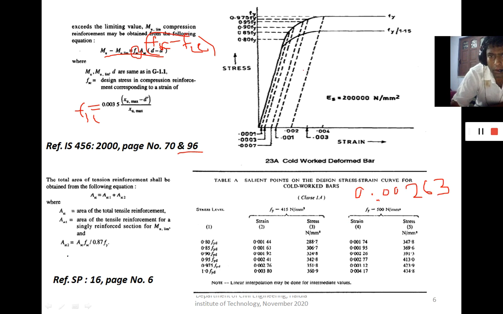You see that this is the stress-strain diagram of cold worked deformed bar. In SP16 this table is prepared for different strain levels, giving the stress value using that figure. So you can also prepare this table. This is given in SP16 page number 6.